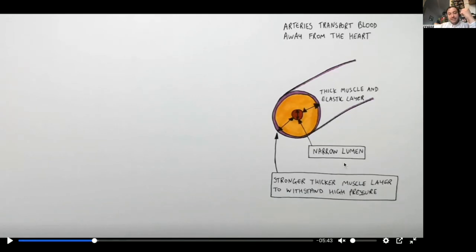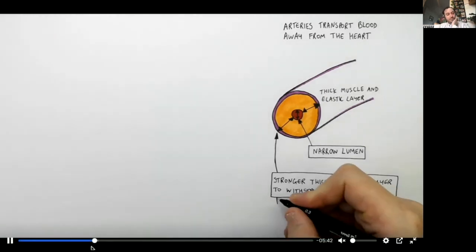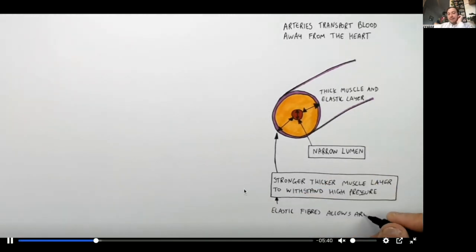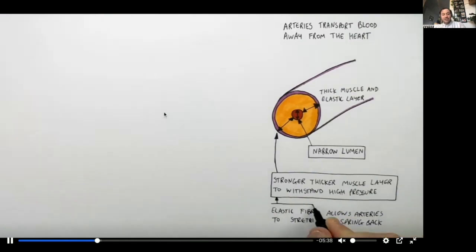An artery has a narrow lumen. It's got a thick muscle layer and an elastic layer. This is to withstand the high blood pressure because it's got a high blood pressure in the narrow lumen. 3 marks. Okay? And the elastic fibers allow the arteries to stretch and spring back.